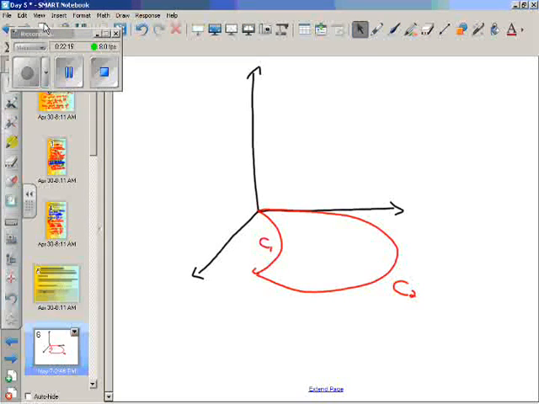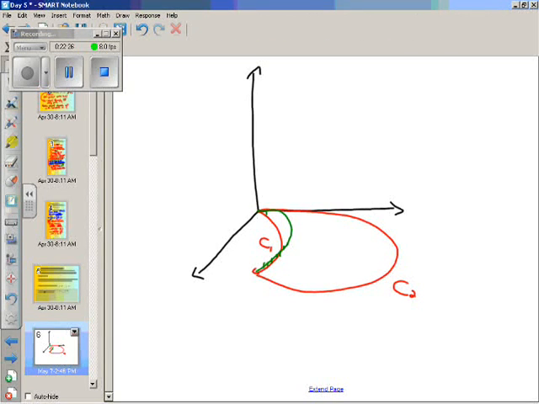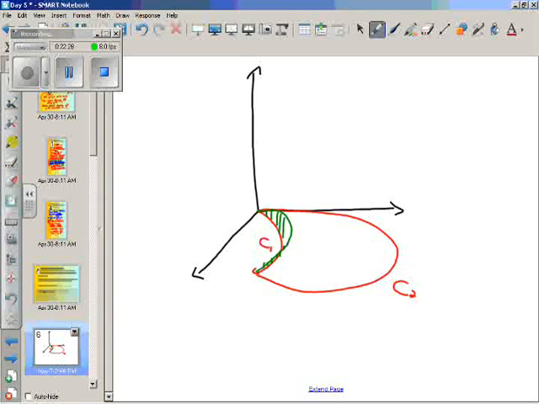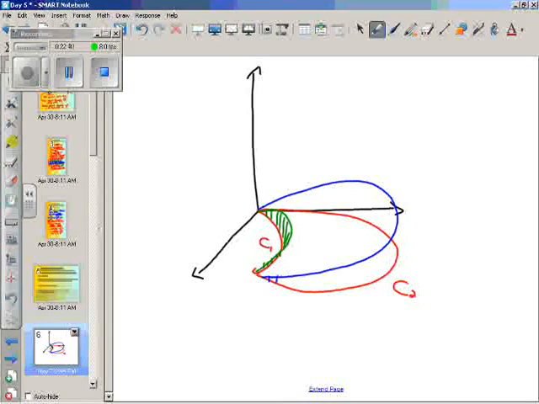And so when we do this line integral, we kind of know to expect that we're probably not going to get the exact same value, because the line integral depends on path. And so we've already seen that.